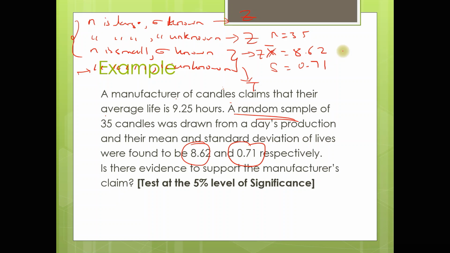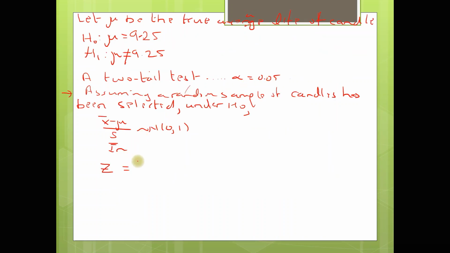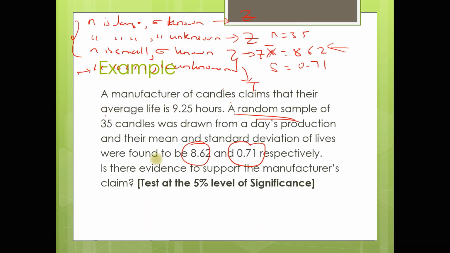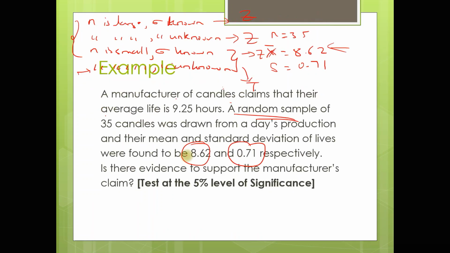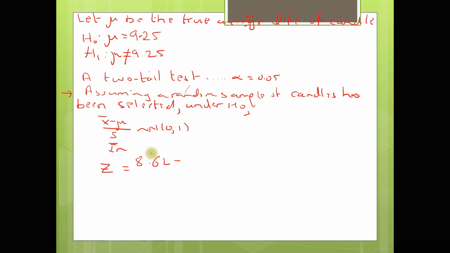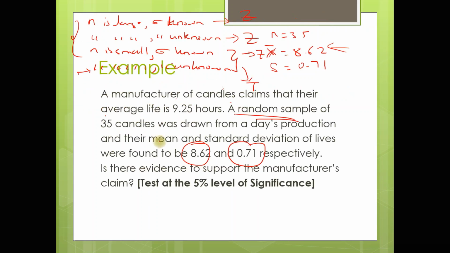X bar minus mu under H naught. Remember, under H naught, what is mu? It is 9.25. So subtract 9.25. Divide by s over root n.